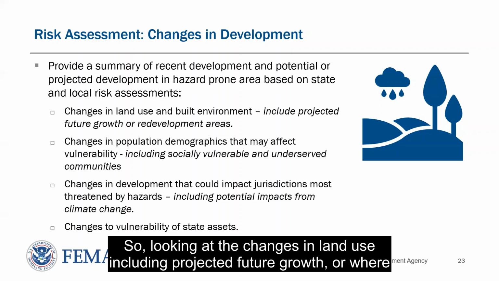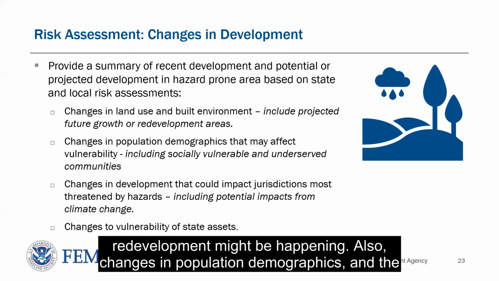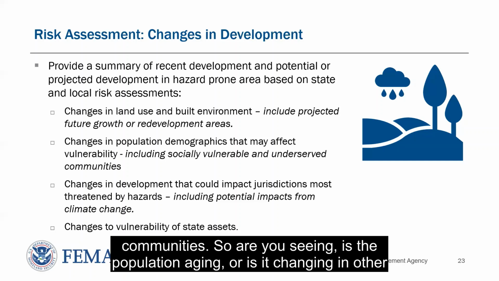So looking at the changes in land use, including projected future growth or where redevelopment might be happening. Also changes in population demographics, and the updated area here is looking and including socially vulnerable and underserved communities. So are you seeing, is the population aging or is it changing in other ways?